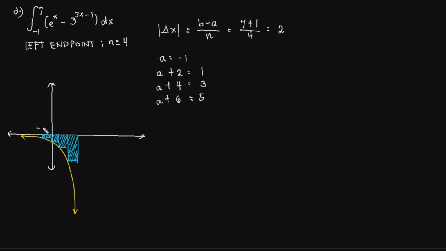Kasi this one is negative 1. This one becomes positive 1. Though hindi siya kitang-kita dito sa graph na gano'n siya, no? 3 and then 5. So hopefully ay nag-guess nyo kung saan to kinuha, no? It's just that you add mula dun sa left endpoint itong delta x. So sunod-sunod lang yan. So una plus 2 lang. So 1. And then you add 2 again. So magiging 3. And then you add 2. So 5.